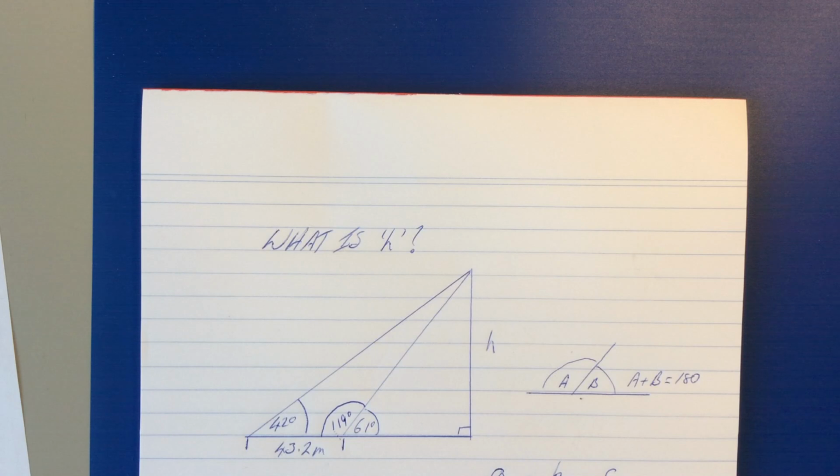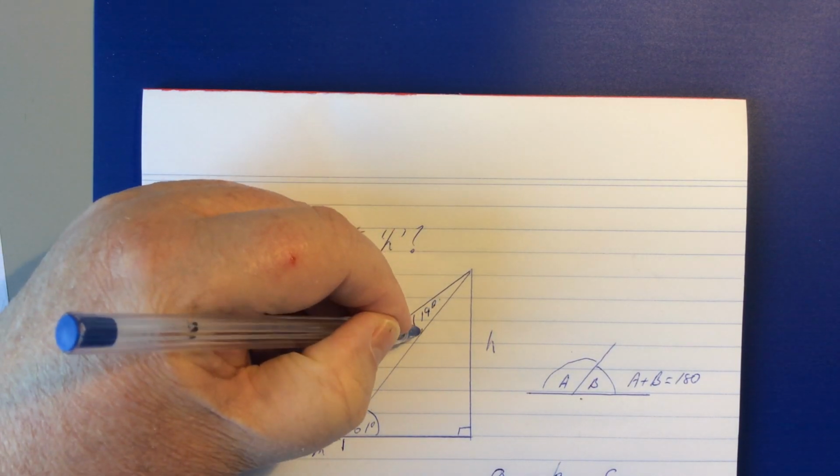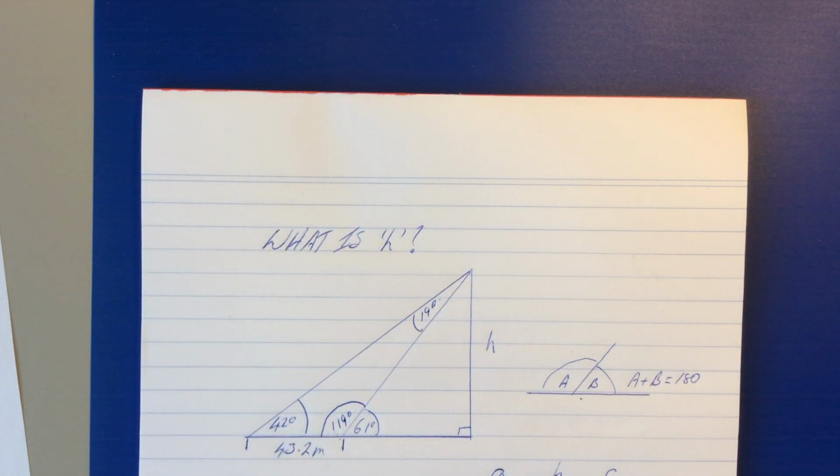And then we can use another property of geometry, which says that the angles on the inside of a triangle must add to 180 degrees. So that's 180 minus 119 and minus 42. I'll see if I can do that in my head. Yes, 19 degrees. In fact, that's cheating, as you will see in a minute.